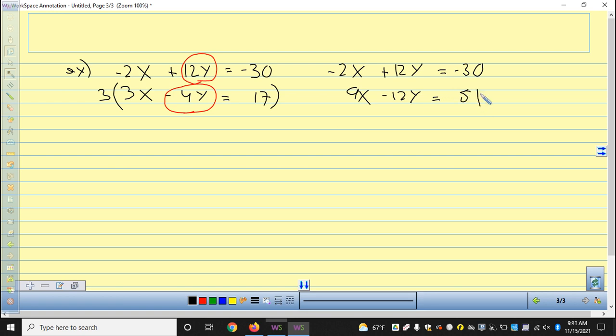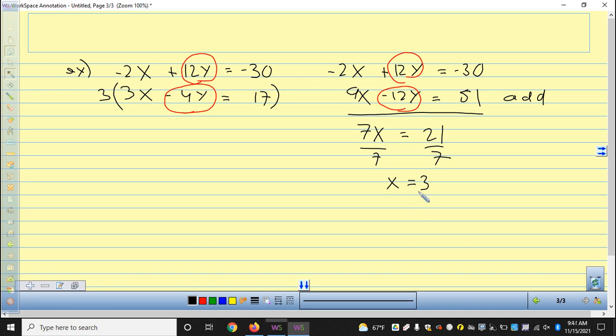Well, now I have a positive 12y here and a negative 12y there. And now I can add these two. Negative 2x plus 9x is 7x. Negative 12y plus 12y is 0. Negative 30 plus 51 is 21. Divide by 7, and I get x equals 3.